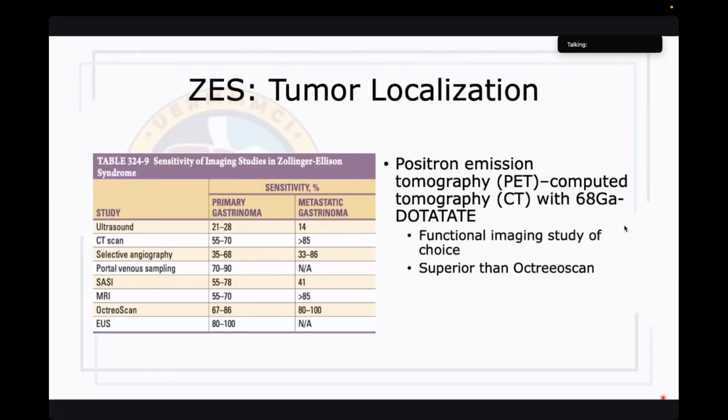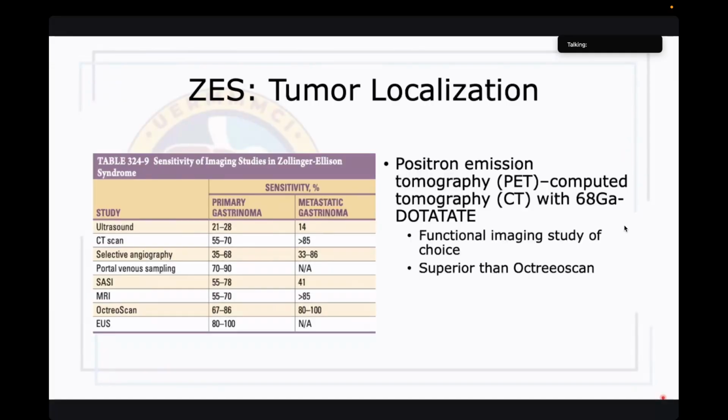So this is a nuclear medicine imaging test that uses radio-labeled somatostatin analog. And more recently, the PET-CT has emerged as the functional imaging study of choice, not just for gastrinoma, but also for other neuroendocrine tumors, if this is available.